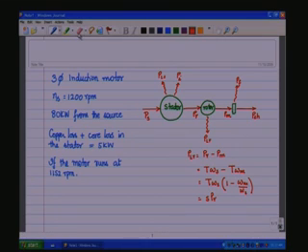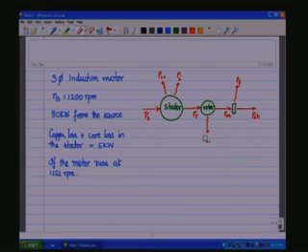Therefore PLR, the loss in the rotor, is dependent on the slip, and we can replace that by S times PR. So this is how the power flow occurs.